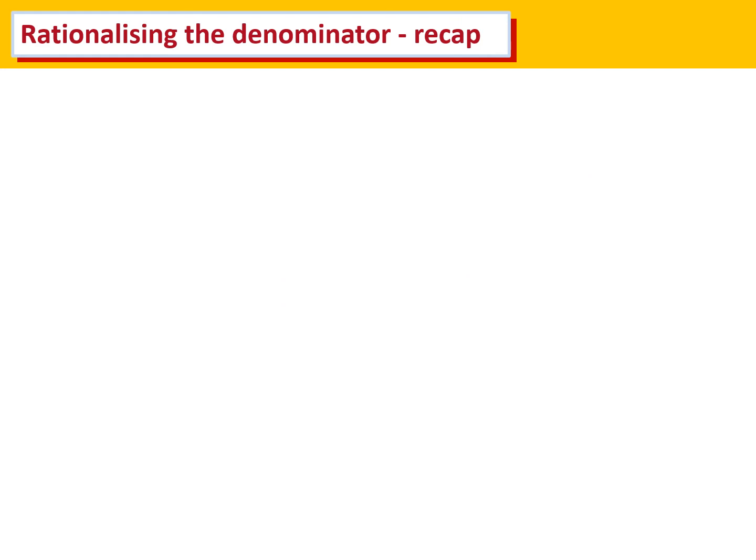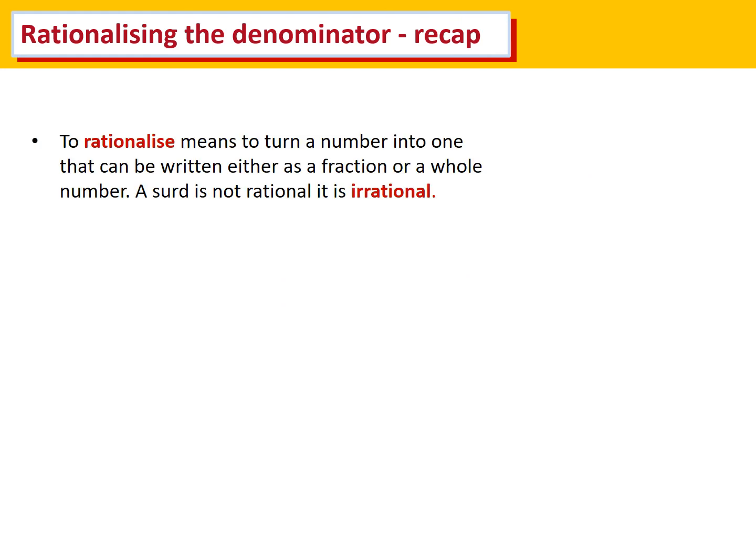Let us put all this together then in a recap. To rationalize means to turn a number into one that can be written either as a fraction or a whole number. A surd is not rational, it is irrational. To rationalize root a, you can multiply by root a, because you'll end up with root a squared, and the square and the root cancel out and you're left with just a on its own.